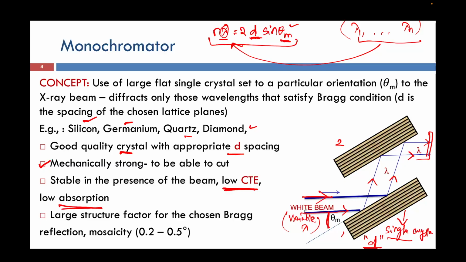Why? Because if all the beam is absorbed inside this single crystal, then I might not get anything here, right? So they should have as low absorption as possible, and a large structure factor for the chosen Bragg reflection. Their mosaicity should be 0.2 to 0.5 degrees. So what do you mean by mosaicity?